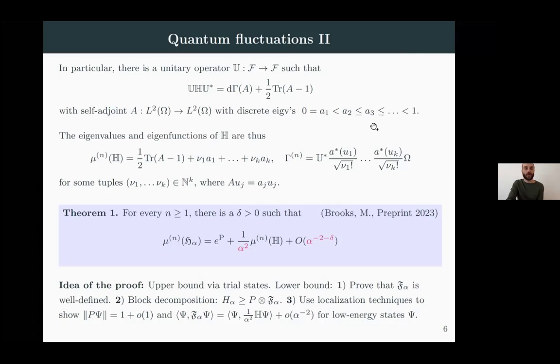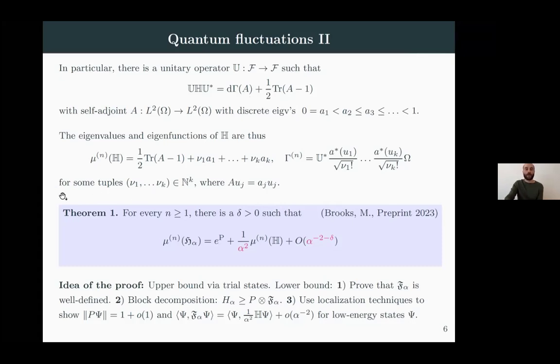And with this information, the eigenvalues and eigenfunctions of the operator H are simply those of a free Bose gas of particles, of bosons, with energies and eigenfunctions determined by the one-body operator A. So in particular, the eigenvalues can now be written in terms of these combinations of eigenvalues of the operator A.